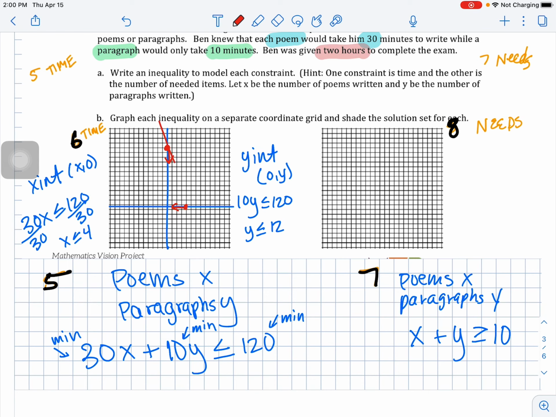So then I'm going to connect those 2 points, and I'm going to shade on that side. And you're going to want to do the same thing for the equation here. Plot the x and that y-intercept, connect and shade.